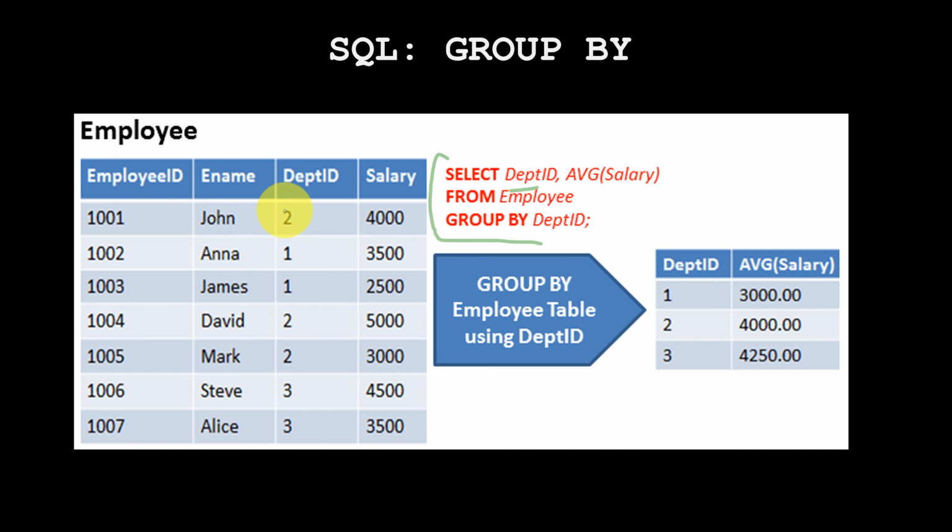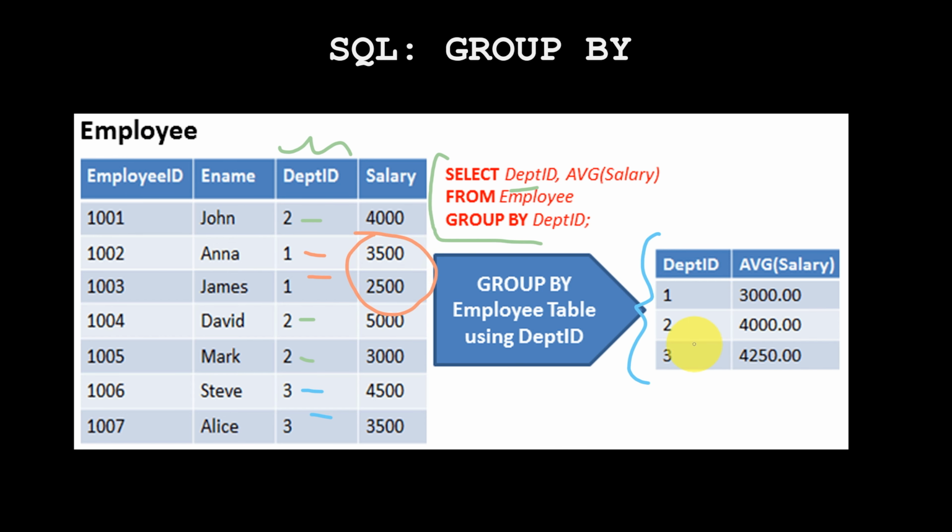As you can see, here are the department IDs: department ID number 2, number 1, and number 3. There are 3 different department IDs, which is why our resulting table has 3 rows. Then you're averaging them out. For 1, you're averaging these 2 numbers, which is why we get 3,000 using mental calculation.